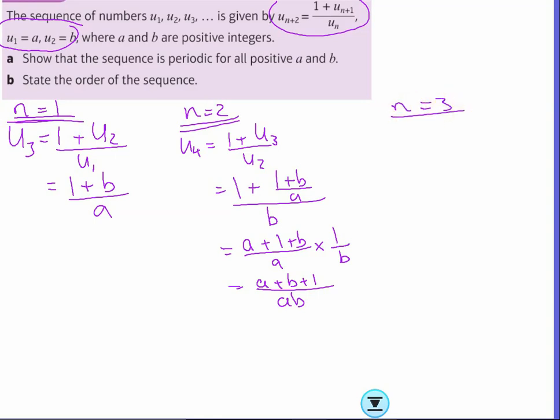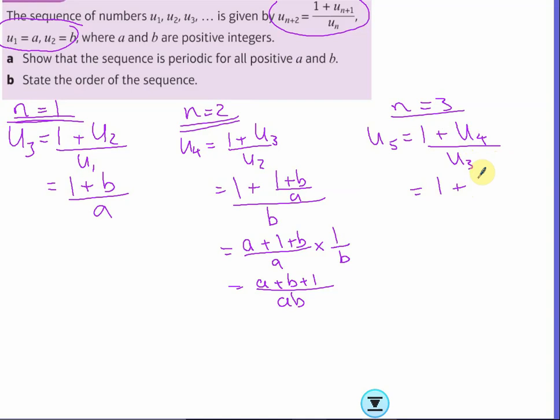When n is 3, I want to keep going really until I get back to a's and b's, and then I can see what the order is. So when n is 3, I get the fifth term, 1 plus the fourth term all over the third term. Okay, so it's getting ugly now.